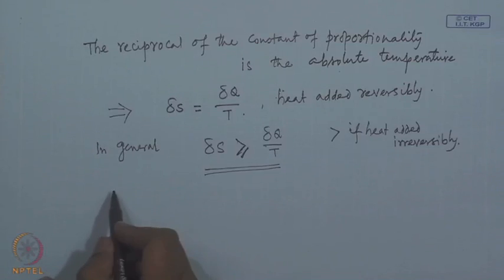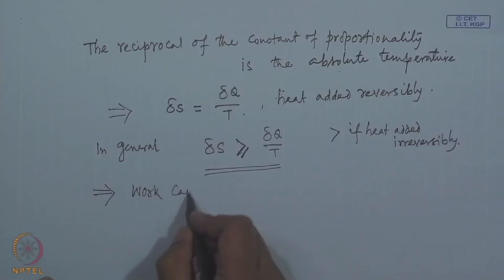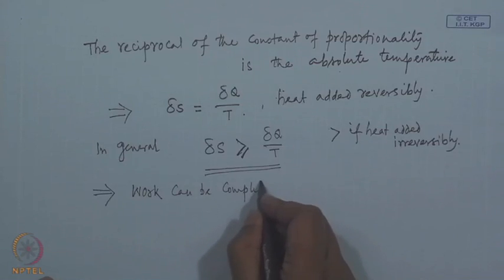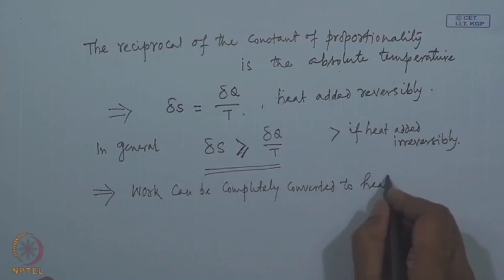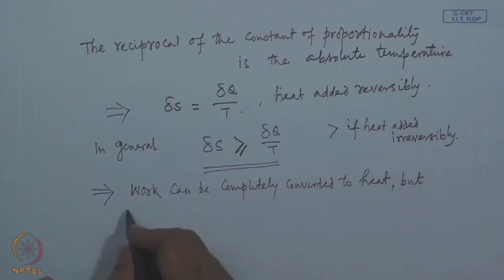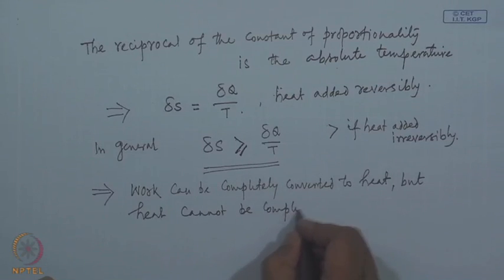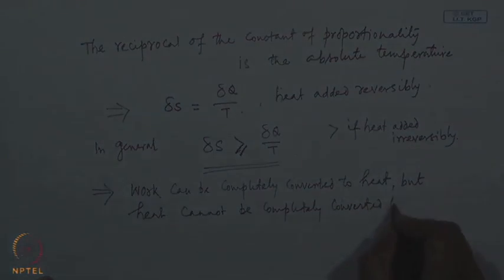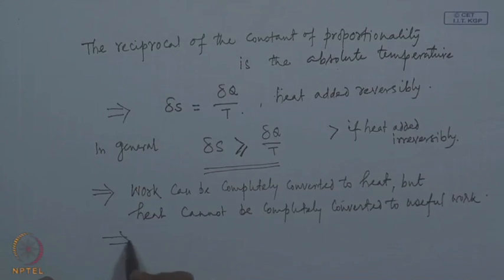That is, this has an implication that work can be completely converted to heat, but heat cannot be completely converted to work, meaning heat is a degraded form of the energy.